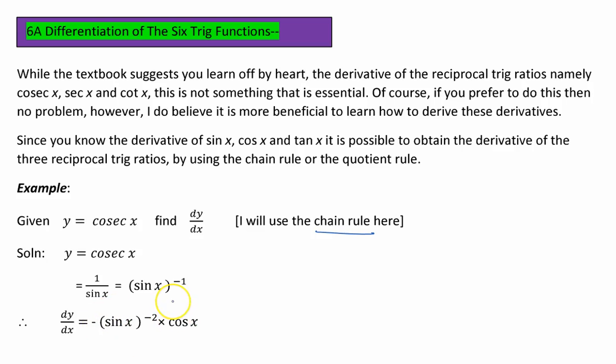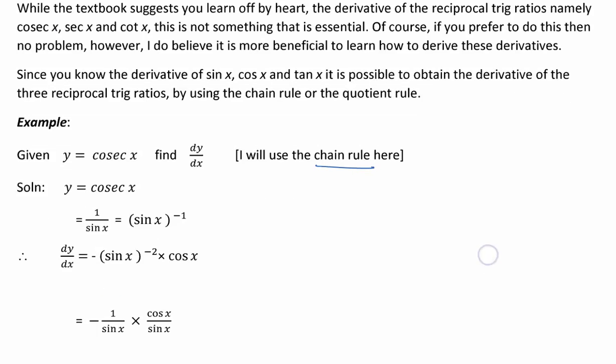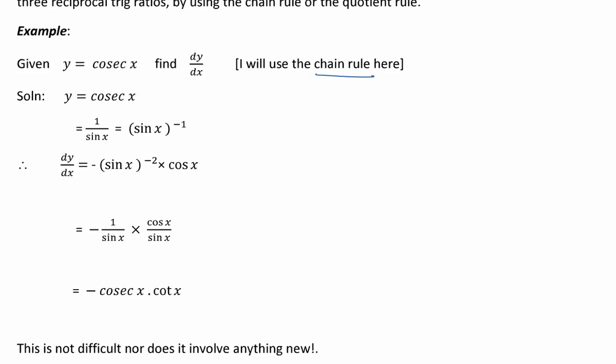Now that's not the format that the textbook shows, but let's just go on to see why this is correct and it looks different. We're going to break minus sine of x to the minus 2 up into, well, we know sine of x to the minus 2 on its own would be 1 over sine x squared, sine x times sine x.